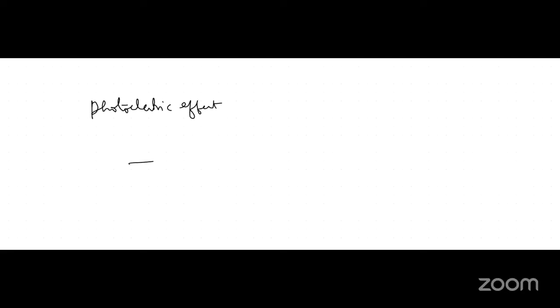Generally this electromagnetic radiation is UV rays or visible light. Whenever UV or visible light hits the metal surface, it emits electrons.